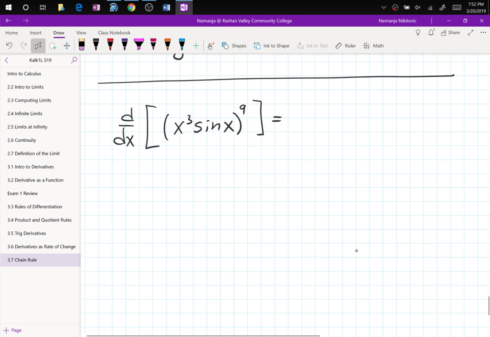We start this problem as 9 x cubed sine x to the 8th, and then times the product rule of the inside. Now it's a product rule here, because that's the derivative of the inside in the chain. The guts of the problem was a product rule, so now the product rule goes in there.